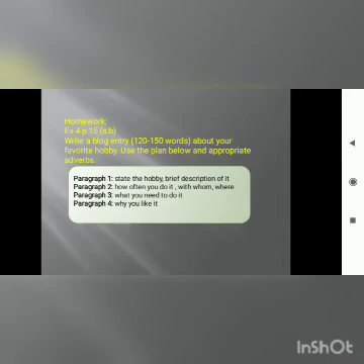In paragraph 1, you must state the hobby and give a brief description of it. In paragraph 2, how often you do it, with whom, where. In paragraph 3, what you need to do it. And paragraph 4, why you like it. Write a blog entry and then post it to Nurlan Akhatov.